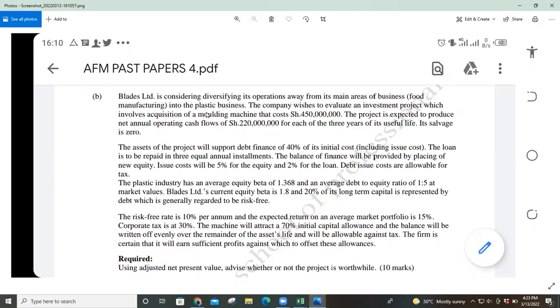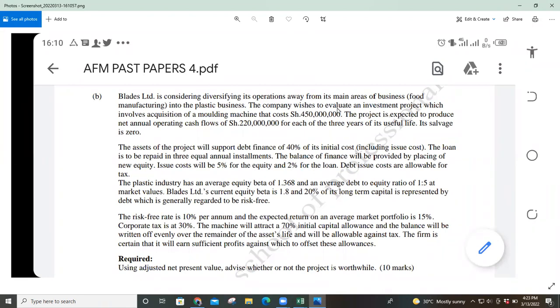Blades Limited is considering diversifying its operations away from its main area of business, that is food manufacturing, into the plastics business. So be careful where the company is going to invest. The company is going to invest in the plastics business, so I am very much concerned with what will be happening in the plastics business, not in food manufacturing.